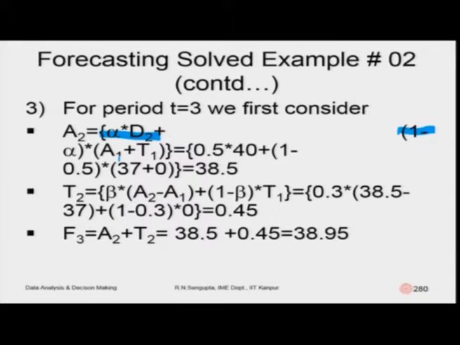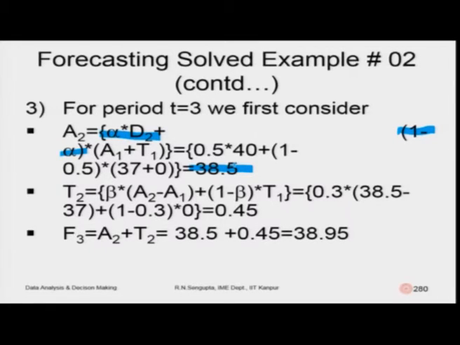So, there are no missing values or formulas inside. So, 1 minus alpha would be the weight given to A1 plus T1, the trend and the fluctuations for time period 1. So, it is again alpha we have considered as 0.5. Why we are considering 0.5? I am going to come to that later. 50% into 40 plus 1 minus 50% into 37 plus 0. So, the value becomes 38.5.